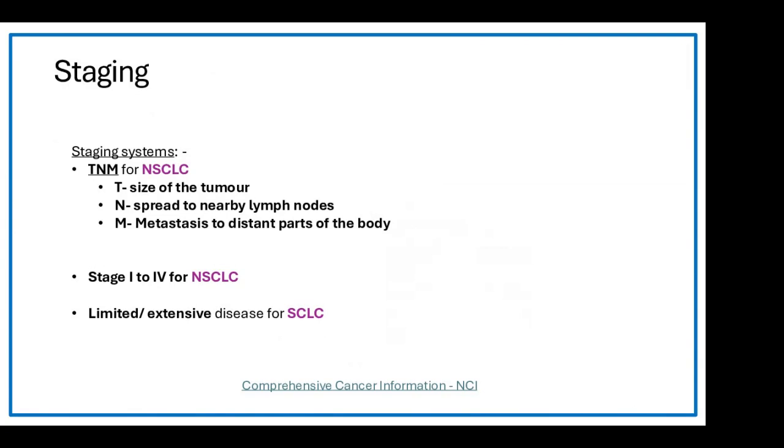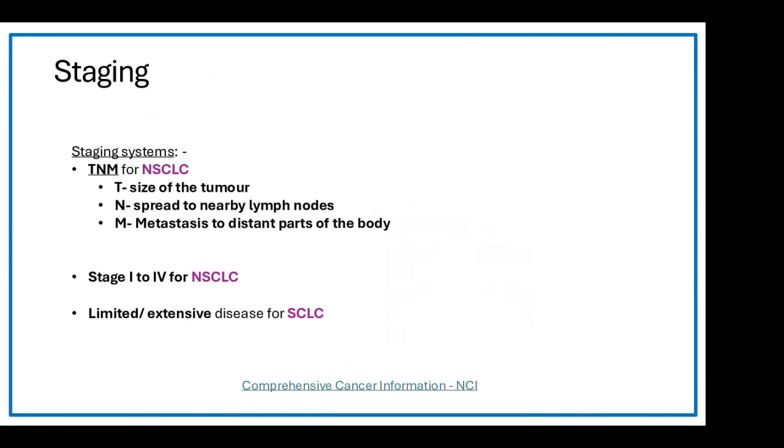So staging lung cancer is quite complex and there are lots of stages involved. At this stage, I wouldn't worry too much about each and every specific stage, but it's a good idea to have a knowledge about the staging systems. And it is relevant in the sense that staging affects management. So for your non-small cell lung cancer, TNM is a popular staging modality used.